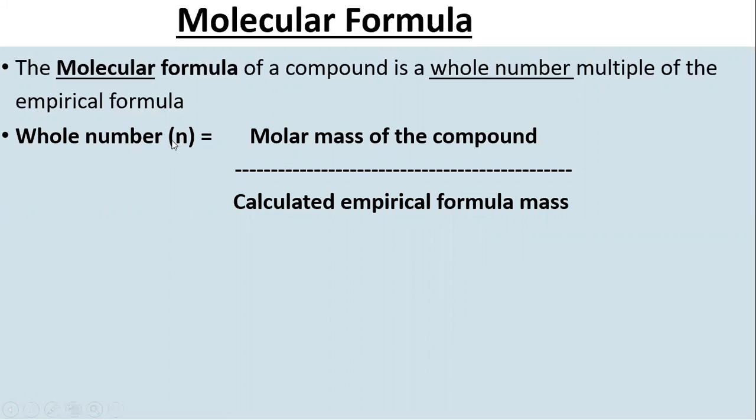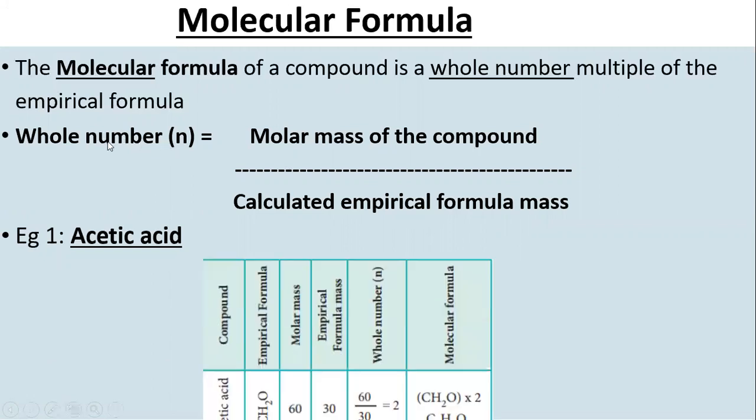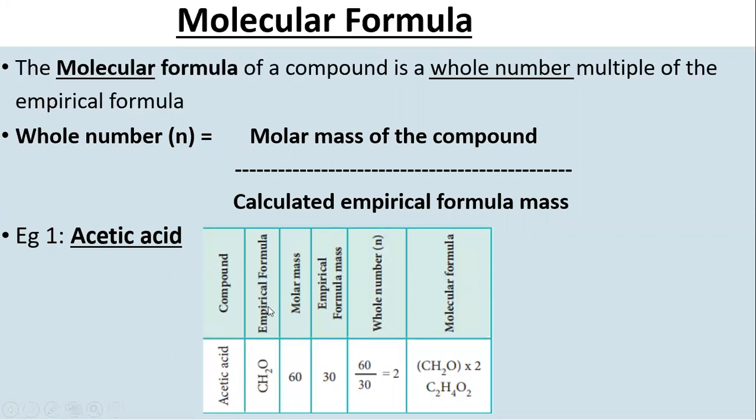So now we'll see some examples. Here, in acetic acid, the empirical formula will be CH2O. First we have to determine the mass of the given compound. So no need to look at this 60 yet.